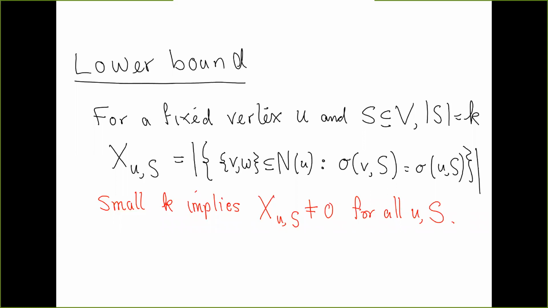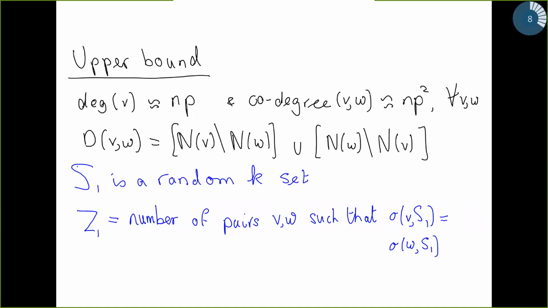Upper bound. This upper bound works in what we could call a pseudo-random setting. We just have to assume that the degree of a vertex is approximately np, and the co-degree is approximately np squared.